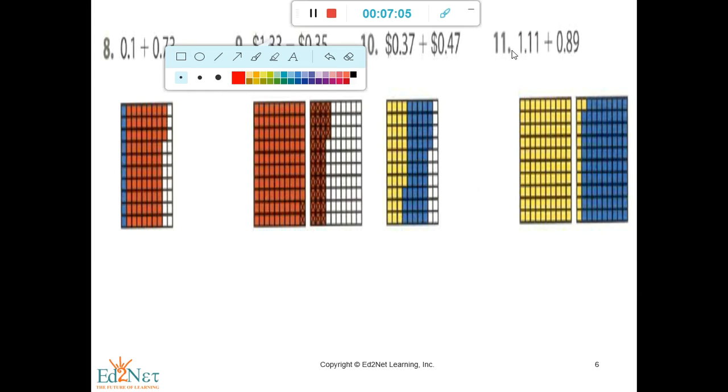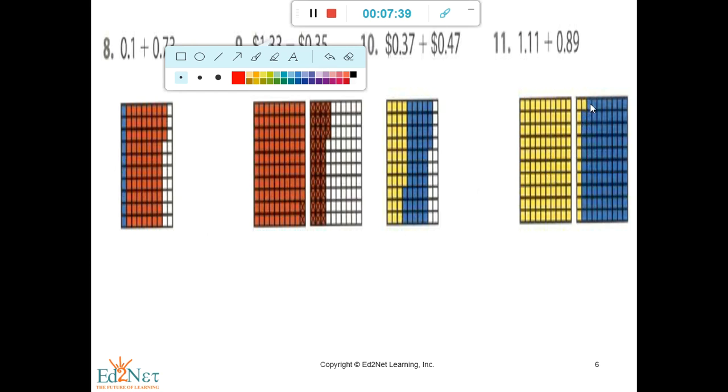Now, in this case, when we have a whole part and a decimal, 1.11 plus 0.89. It's a very famous question. I bring the first 100 grid, I shade 100 parts, and then the other one, because it's one whole, it's 100 over 100, I need to shade 100 hundredths.